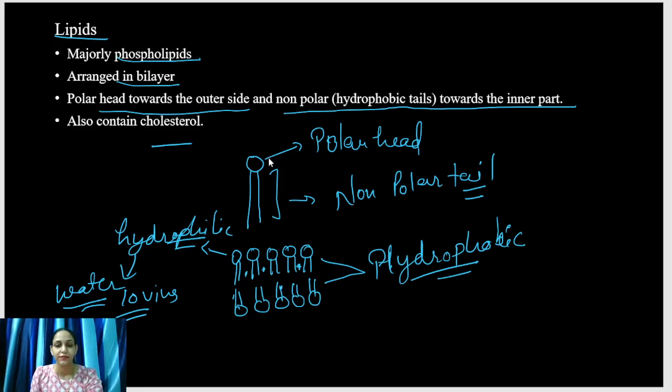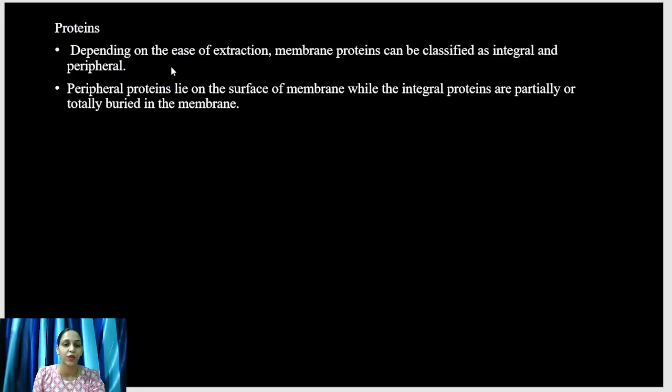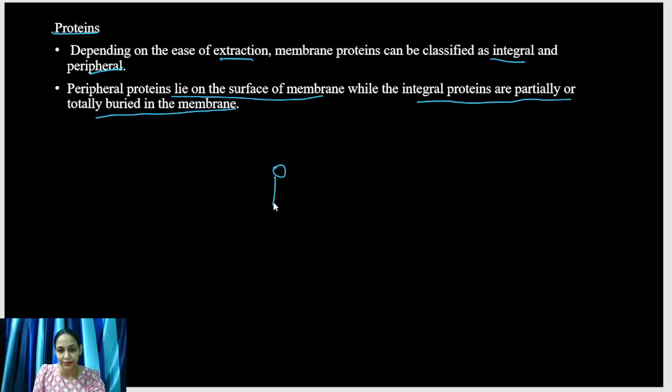The next is proteins. Depending on the ease of extraction, membrane proteins can be classified as the integral and peripheral proteins. Peripheral proteins lie on the surface of the membrane, while integral proteins are partially or totally buried in the membrane. Like this.